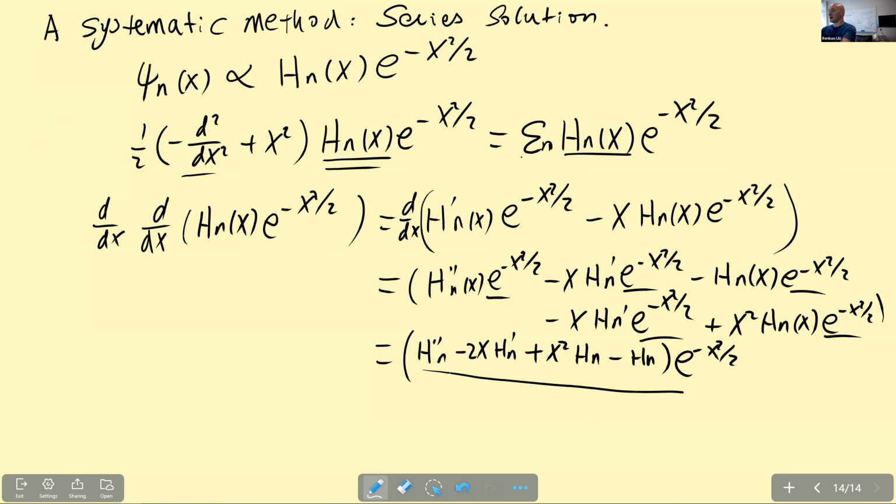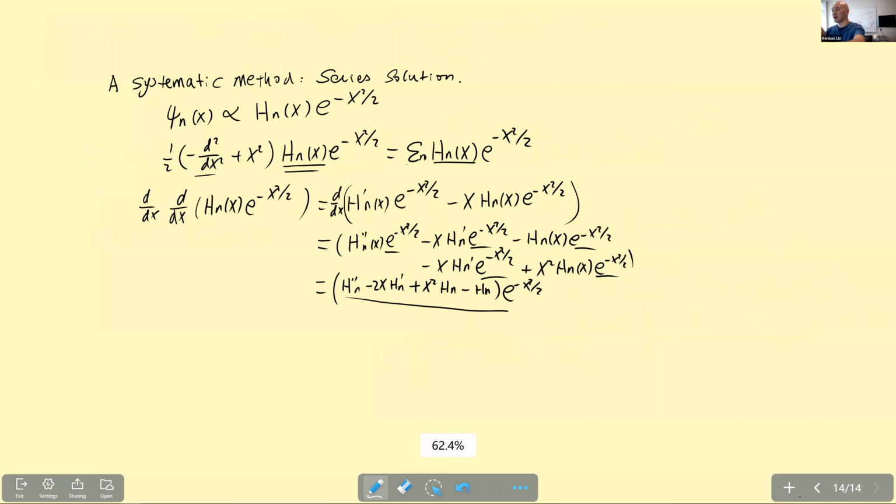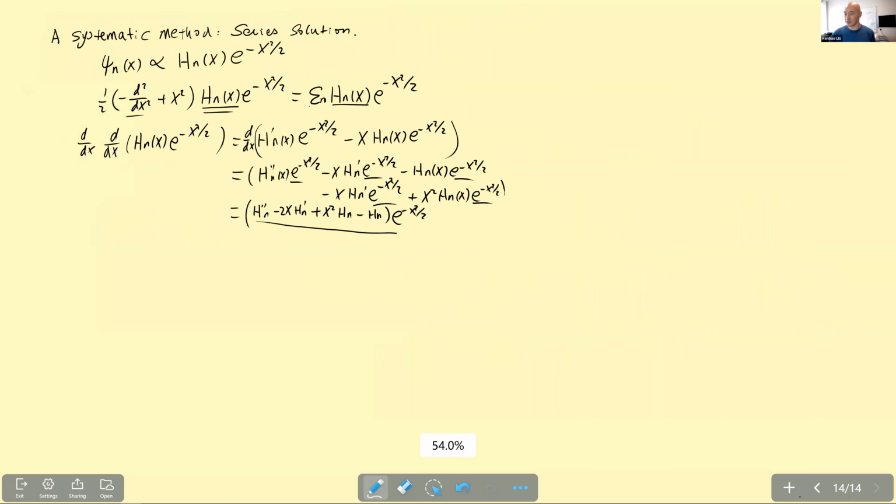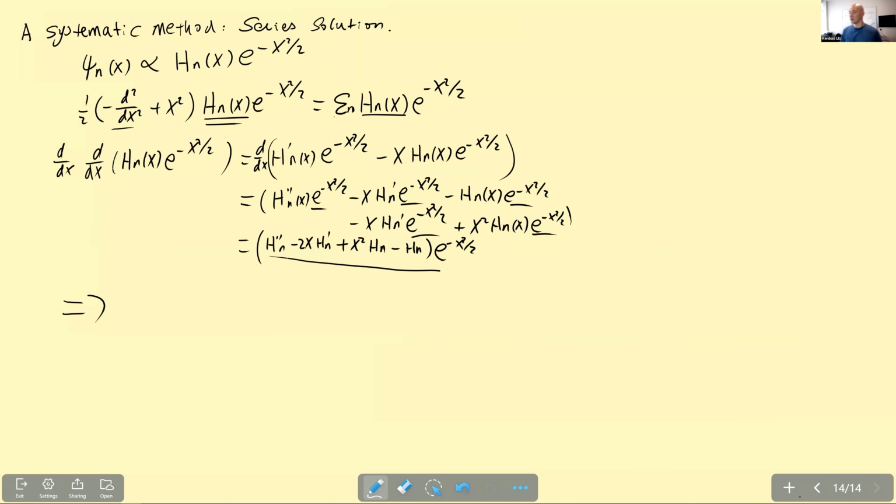Of course, you then insert this into the equation. So you obtain the equation: 1 over 2, with a minus sign, so it's minus h m double prime minus 2x h m prime plus x squared. Sorry, there's a sign change.